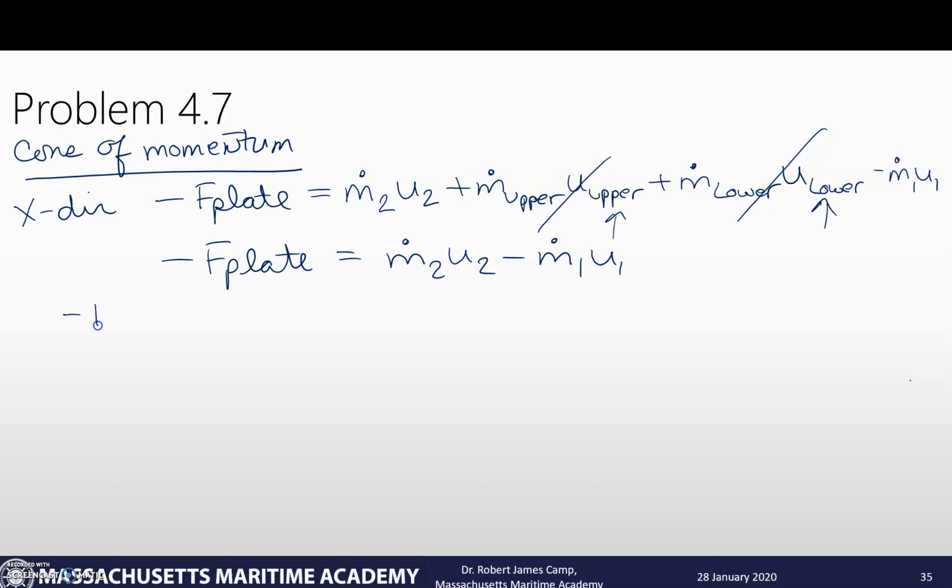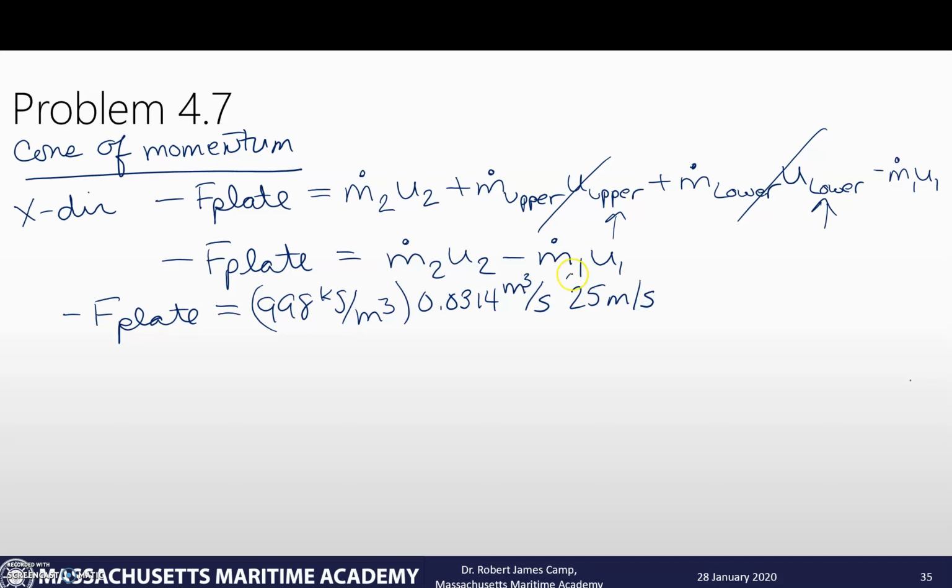So if I take a look at that, you start plugging in the numbers, F of plate. What is m dot 2? Well, we're going to take our density, 998 kilograms per cubic meter. Then I'm going to multiply that by my volumetric flow rate. So what's coming out is 0.314 cubic meters per second. And then I'm going to multiply that by the velocity at 2, which is 25 meters per second.